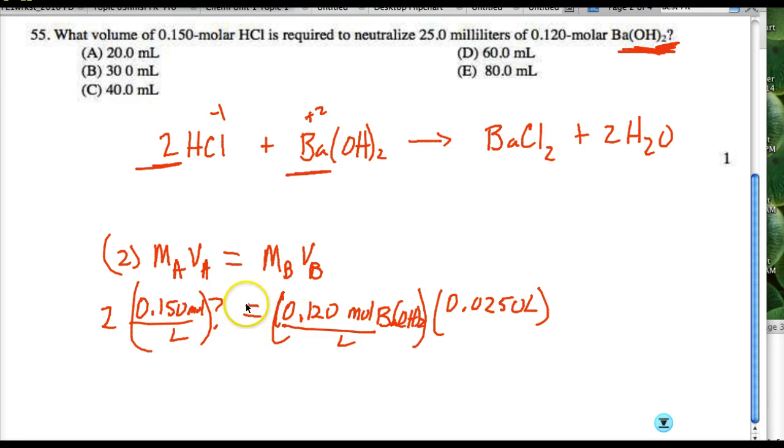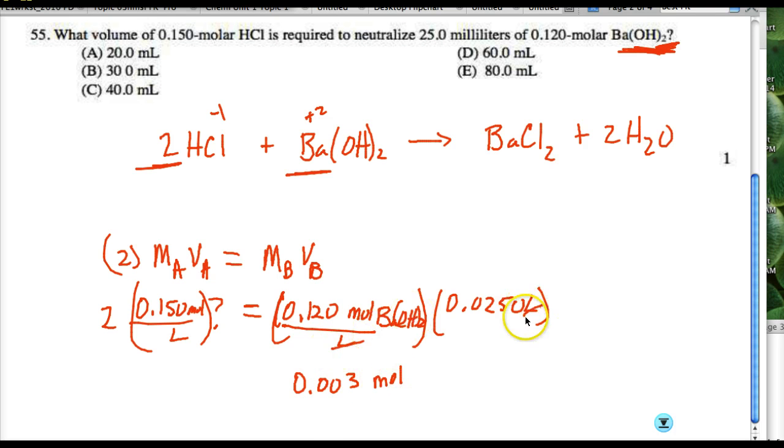Alright, so what volume? What does this resolve itself to be? Well, I've got 0.025 times the 0.12. Well, that's a quarter of 12, so that's going to be 0.003 moles.